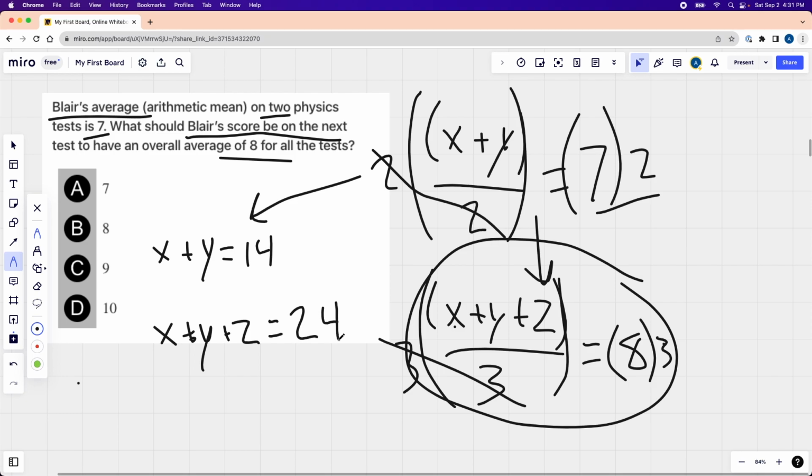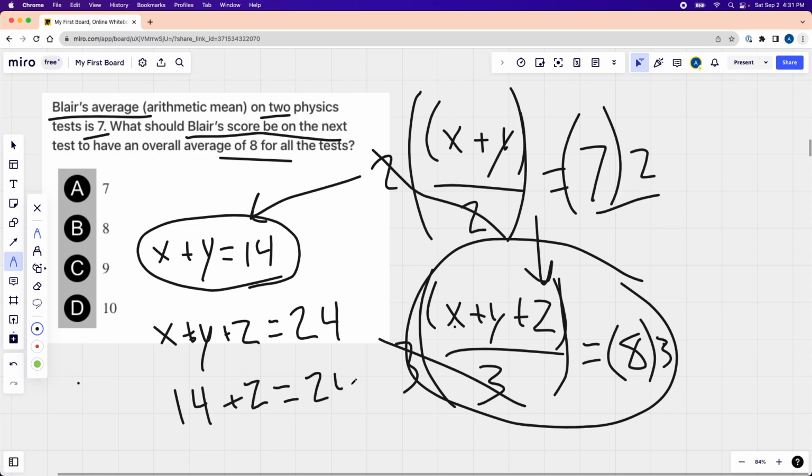Okay, and now if I want to get the X and the Y all by itself, or actually I don't even need to do that. We see right up here that X plus Y equals 14. So this X plus Y right there, we could just substitute in 14 for that. So 14 plus Z equals 24.